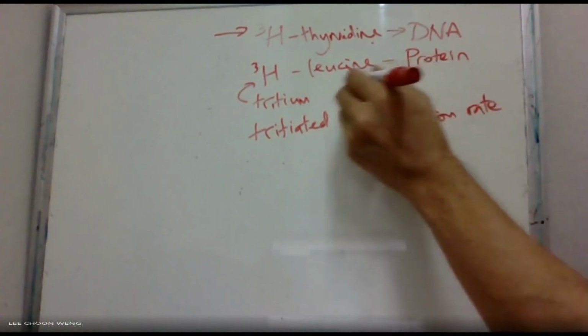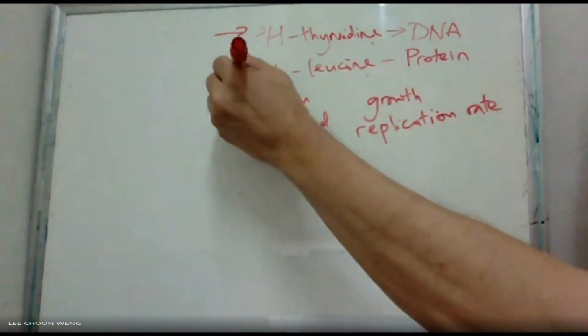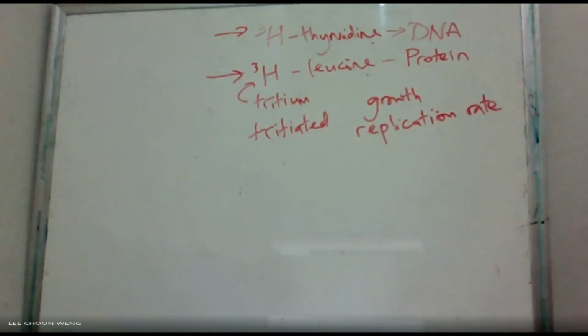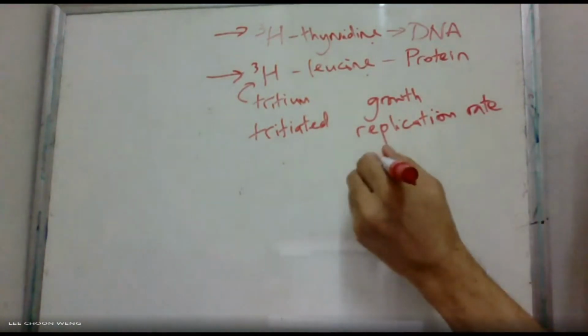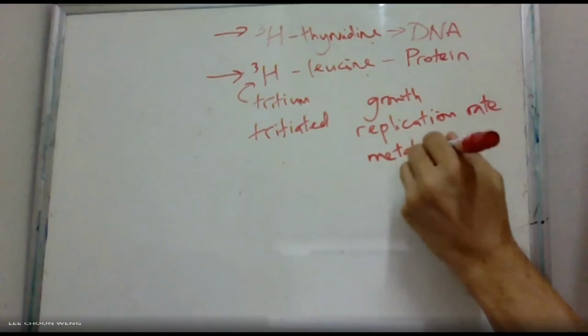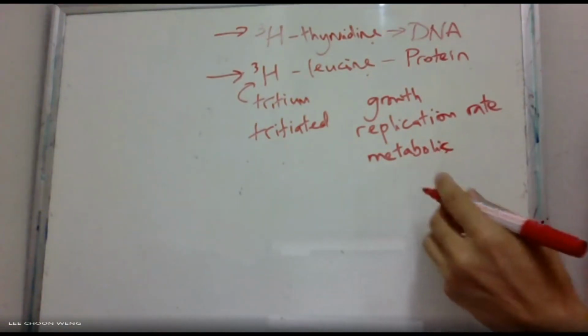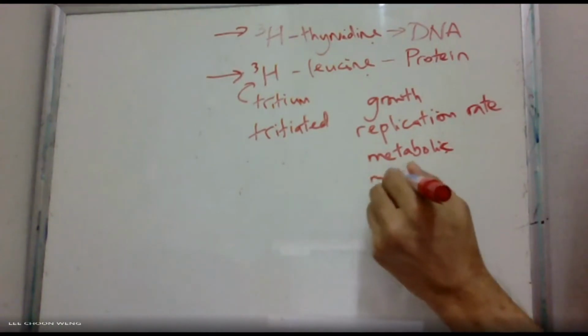However, when you're looking at this, you're looking more at how fast the bacteria is, more of a metabolism rate, more of how it is maintaining itself, maintaining its growth.